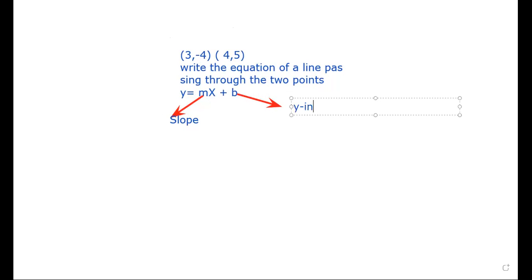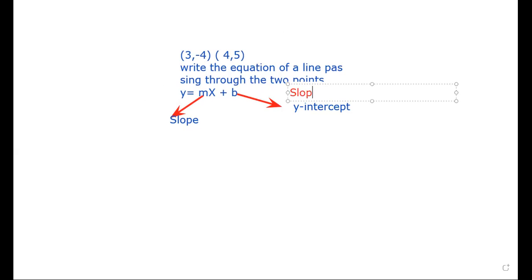The y-intercept. So for any equation, if you want to write the equation passing through 2 points, I also want to ask you, this equation, y equals mx plus b, is written in which form?